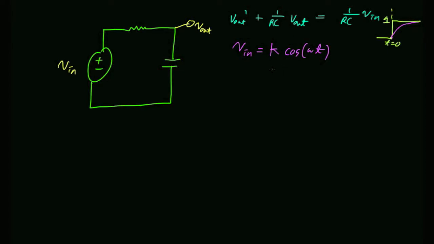So we can certainly solve it using the guess and check method. Essentially what we could do is guess that V out is going to be some cosine at the same frequency with some phase shift.